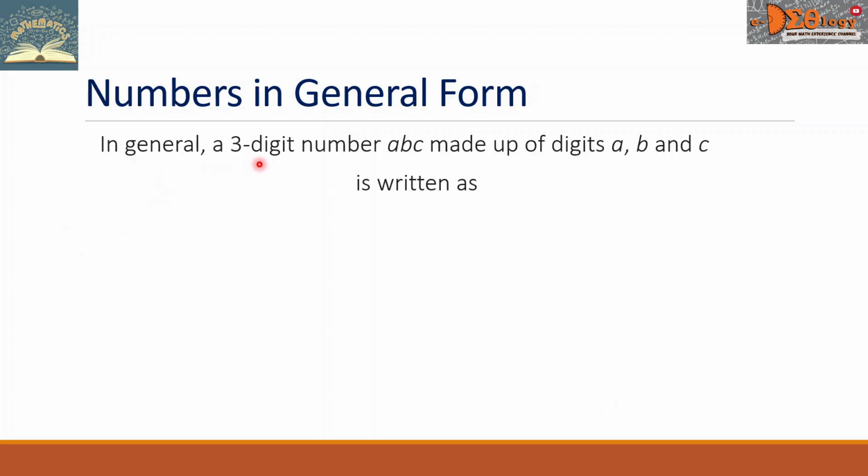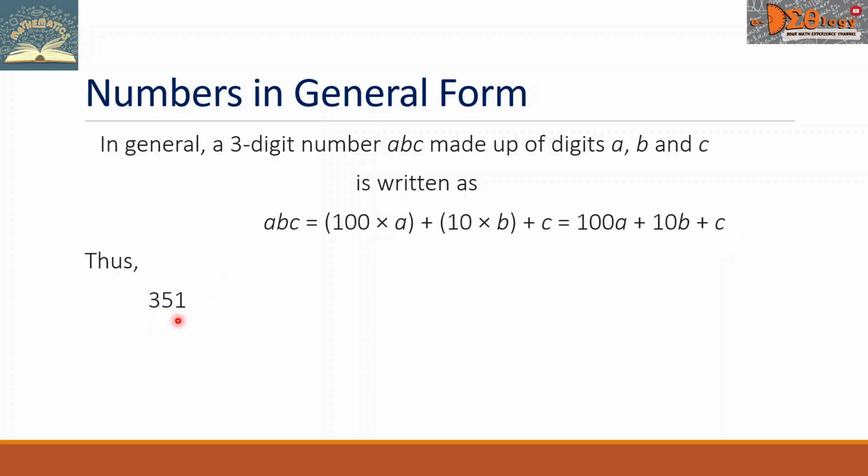In general, a three-digit number, ABC, where A is for the hundreds, B for the tens, and C for the ones, made up of digits A, B, and C, is written as ABC equals the group 100 times A plus the group 10 times B, and then plus C. Or simply we write 100A plus 10B plus C. For example, 351, we can show that this is 300 plus 50 plus 1.